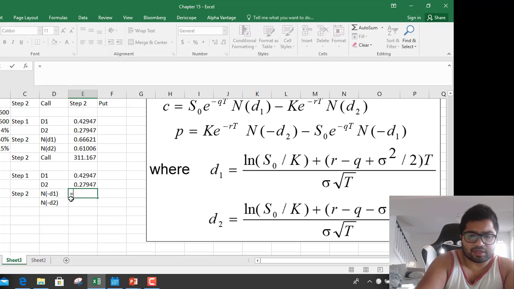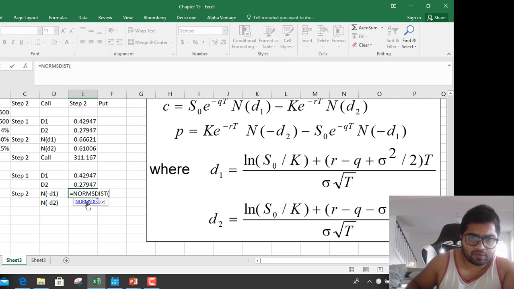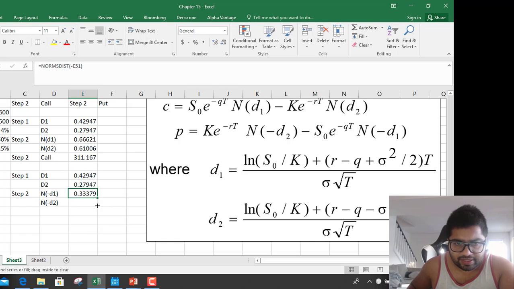So this becomes normal distribution, negative sign, D1, okay, and negative sign D2. So negative, negative.